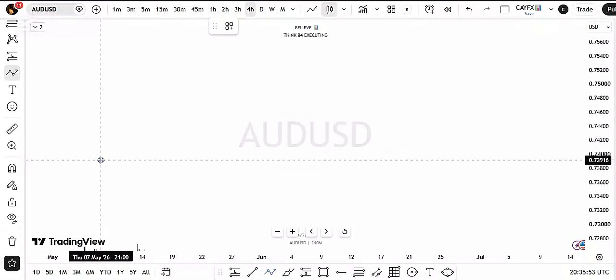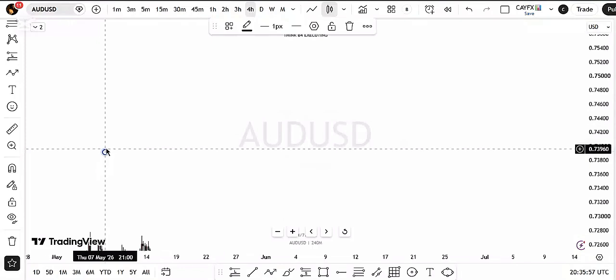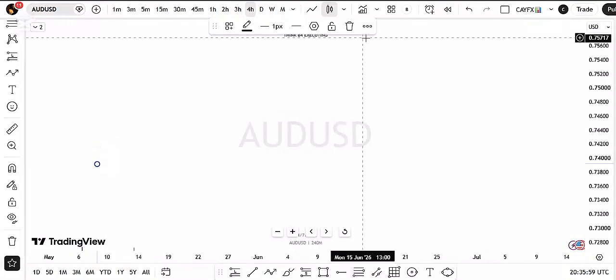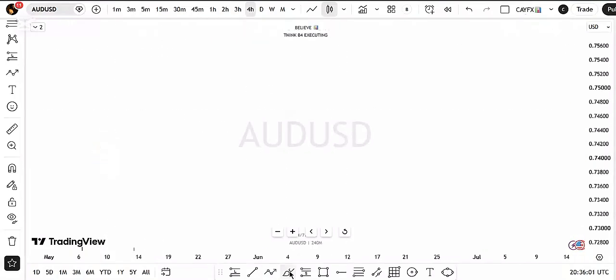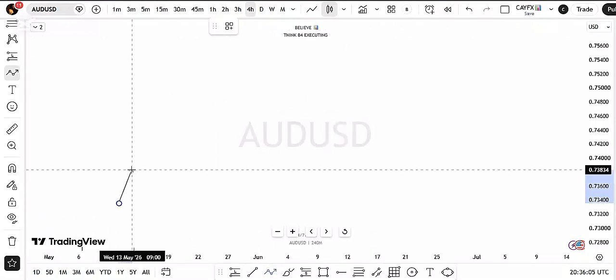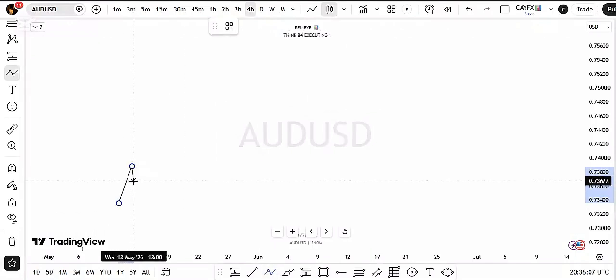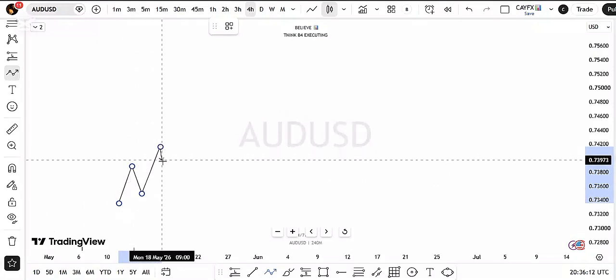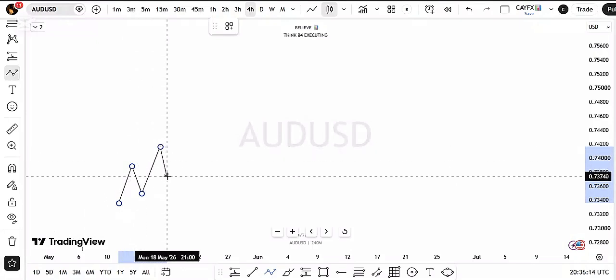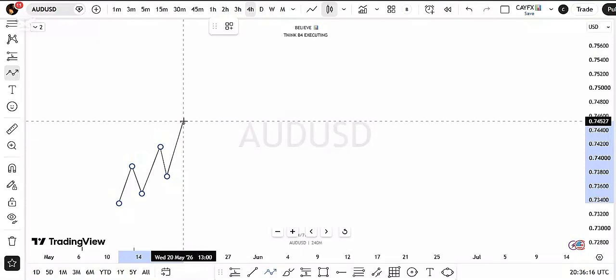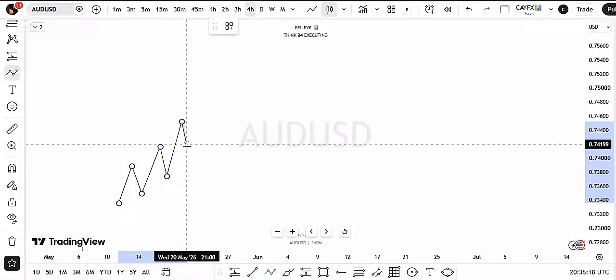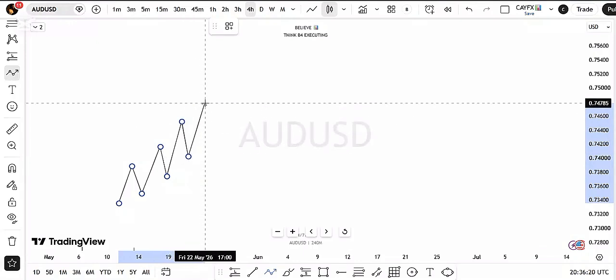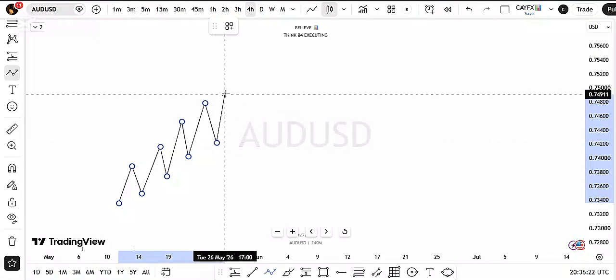So we'll start with the bullish trend, which is uptrend. You see that the bullish market tends to move, then pull back, expand, pull back, expand, pull back, expand.